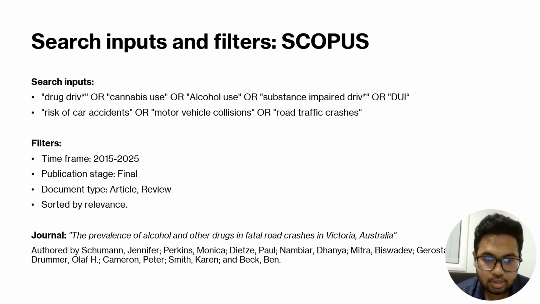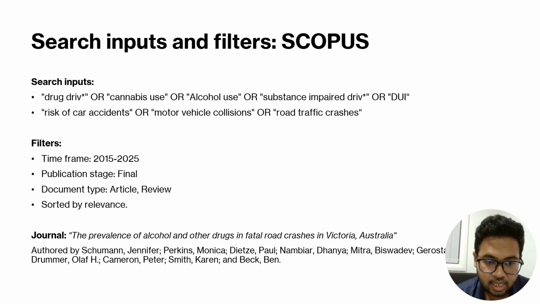Or cannabis use, I want that as well, or alcohol use, or substance impaired driving, or drivers, or DUI. Then risk of car accidents or motor vehicle collisions or road traffic crashes, I want the articles which include these phrases.